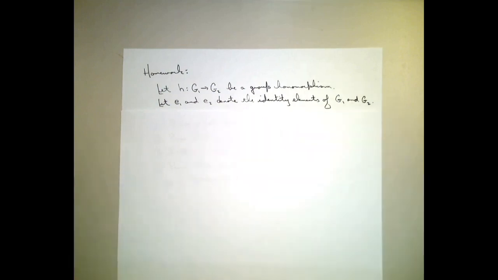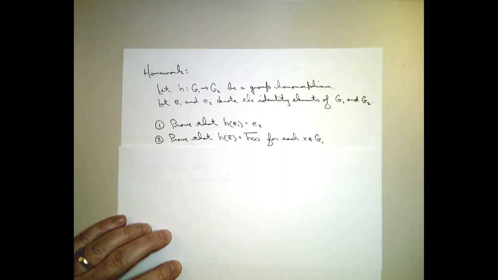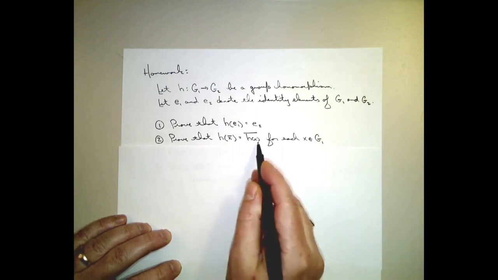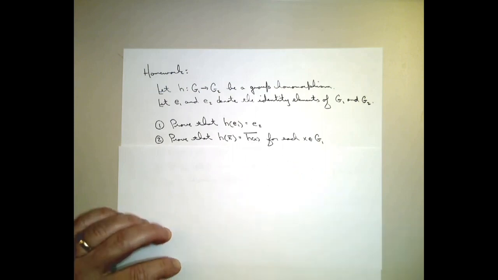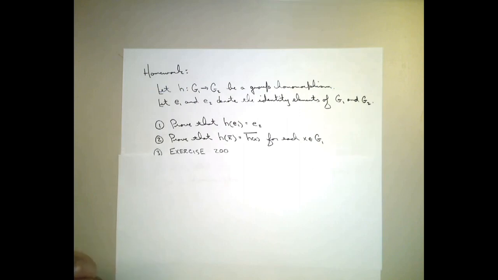The first couple of homework exercises are going to ask you to clean up a couple of things in the proof that we glossed over. Prove that H has to take E1 to E2, and also prove that H has to take the inverse element of an element X in G to the inverse of the image of X under H. I'd also like you to do exercise 200.